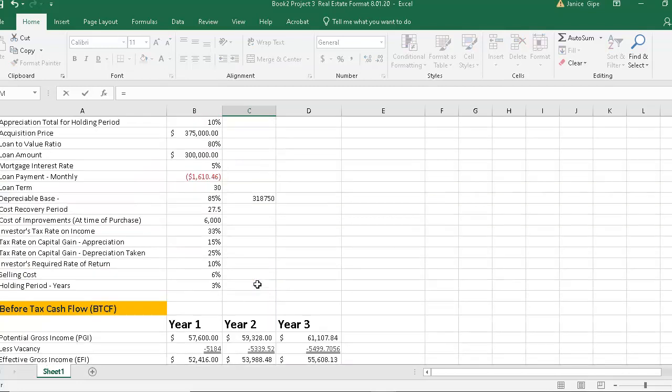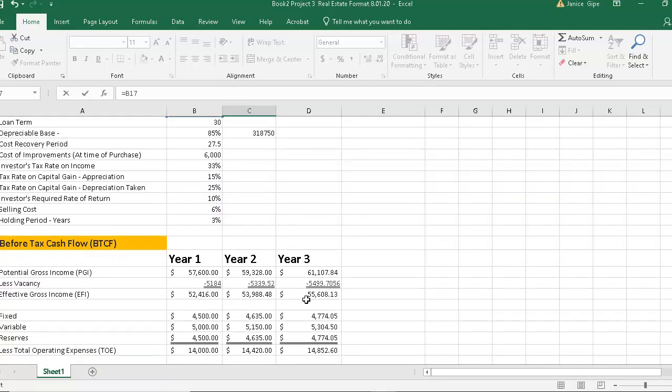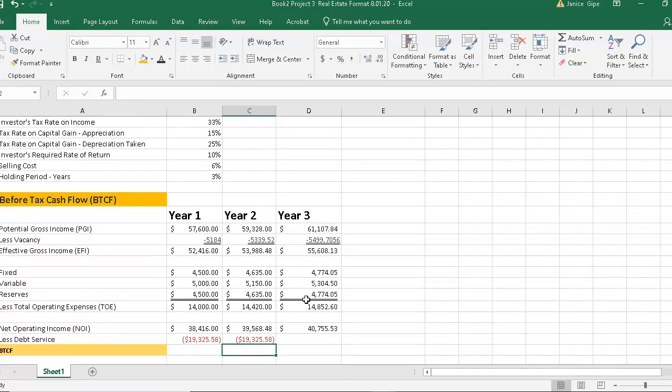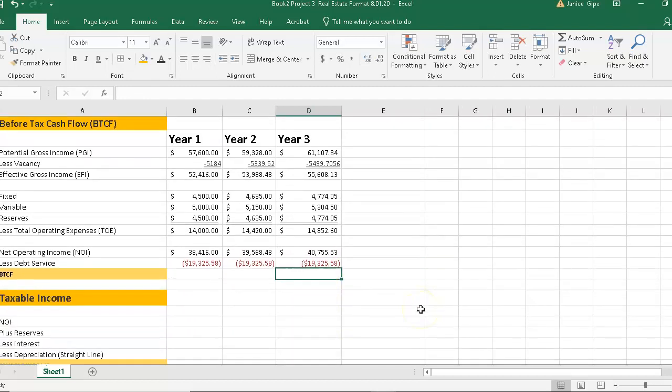Equals the monthly payment, and times 12 again. So it's equal to this sum as well. They don't increase.